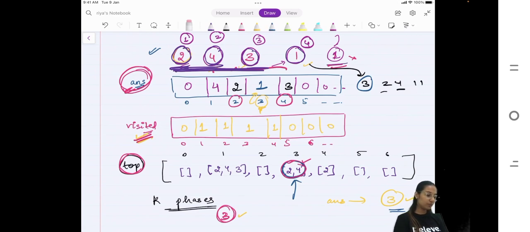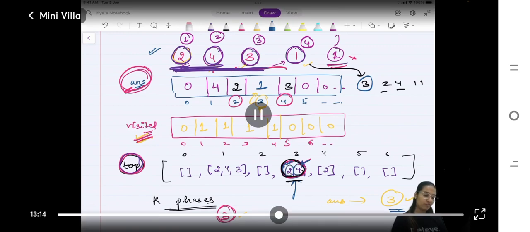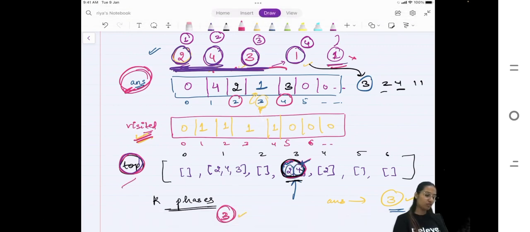Now the changes need to be done in the top array also. The top array's purpose is to tell who all people are in front of me. Because some people have come to your front who were not there earlier, at the 2 and the 4th index, the top array will also change.